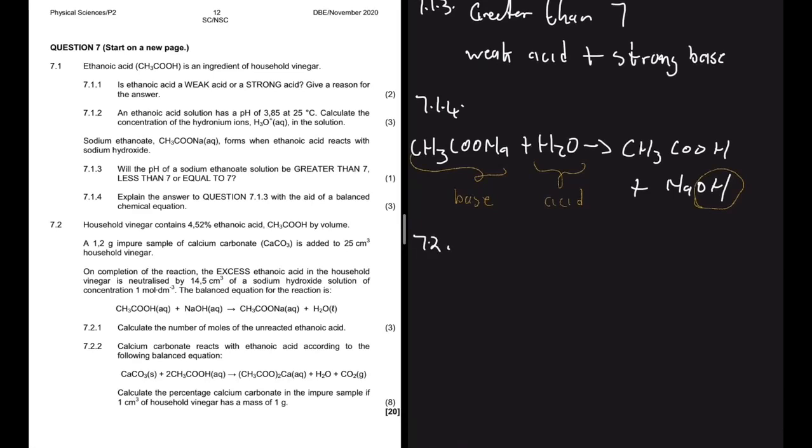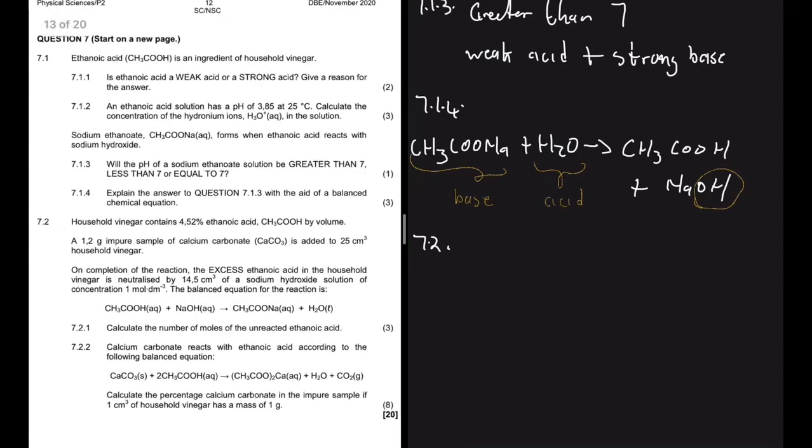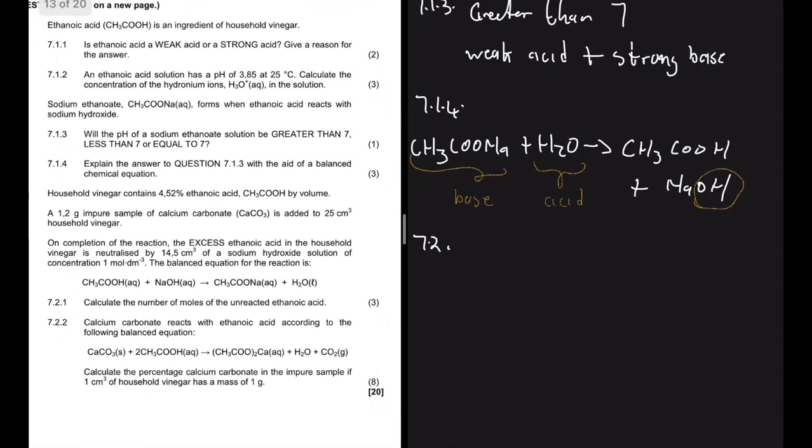7.2 says household vinegar contains 4.52% of ethanoic acid, CH3COOH by volume, right? And then 1.2 gram of impure sample of calcium carbonate is added to 25 centimeter cube of household vinegar.